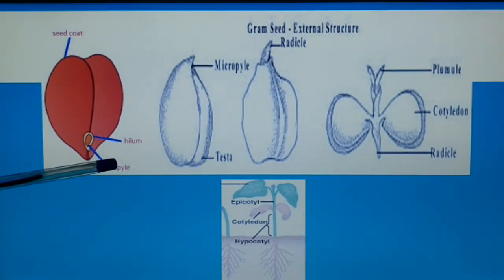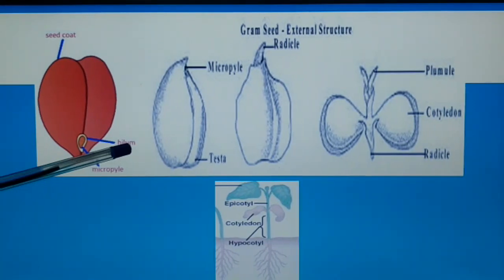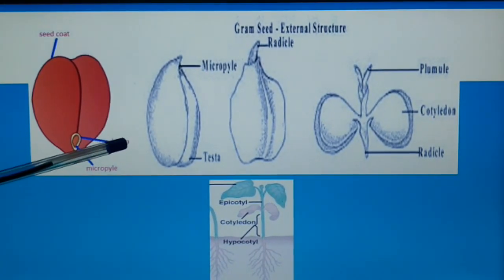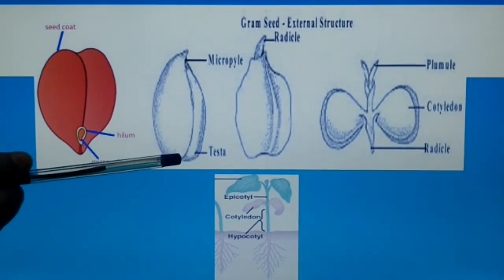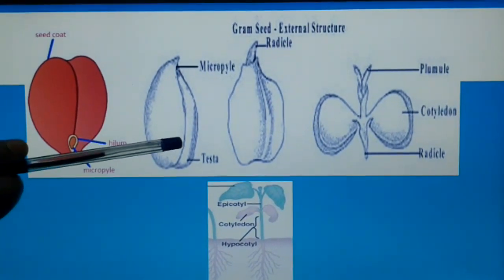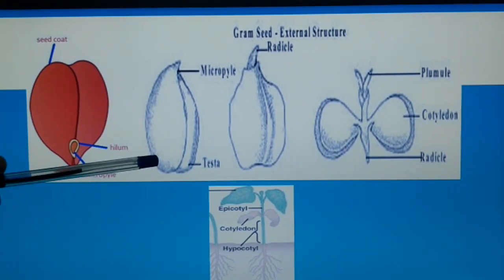The seed coat develops from the integument. After fertilization, the integument of the ovule is converted into a seed coat. The outer seed coat is called the testa, which is very hard, whereas the inner seed coat is called the tegmen, which is thin.